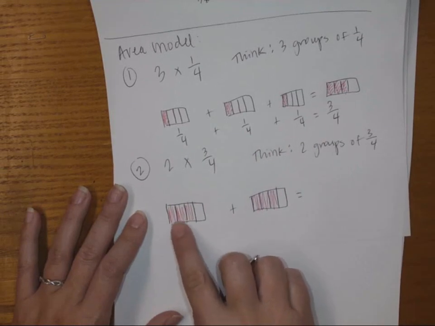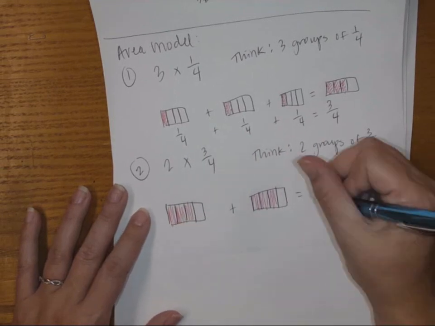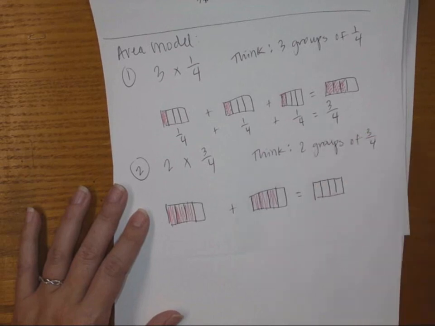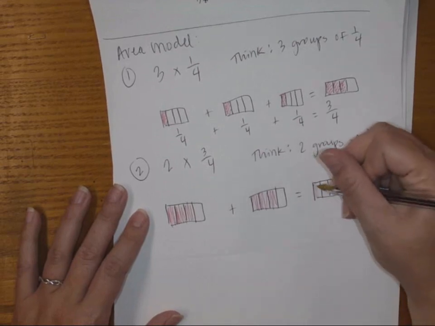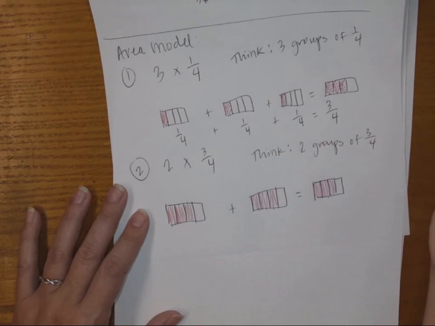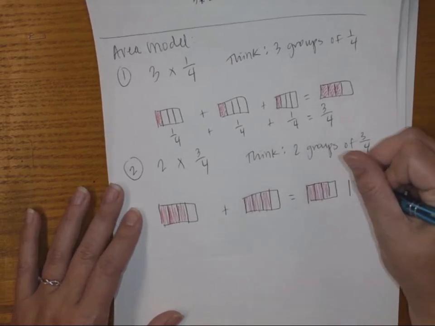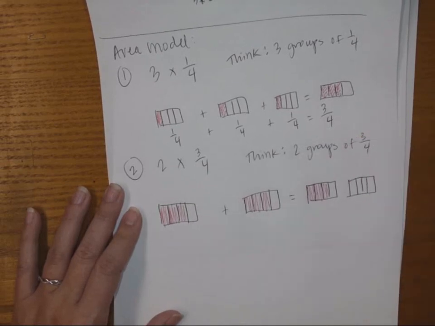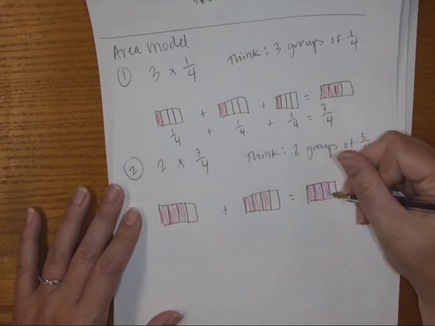So when I add them together, I have 3 parts from this one, 3 parts from this one. 4 still make a whole. So when I shade in the 3 parts from the first, it's like that. I need to shade in 3 more parts, so I need to draw another whole. So here's shading in the other 3 parts.